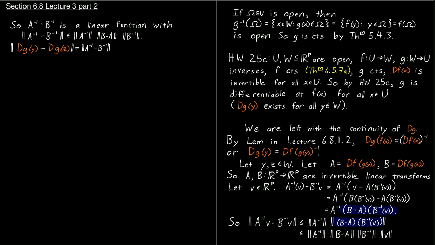Run all this stuff through. Norm of A inverse, that's the norm of df of g of y inverse. And then we get our norm of df of g of y minus this df of g of z.